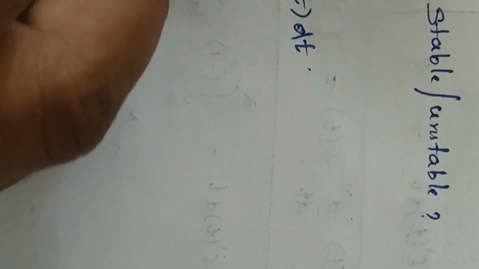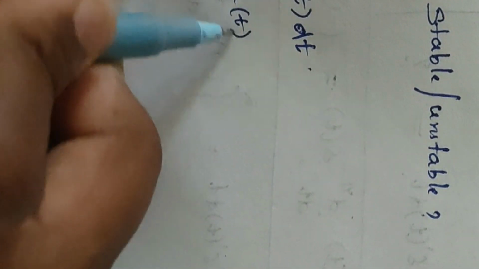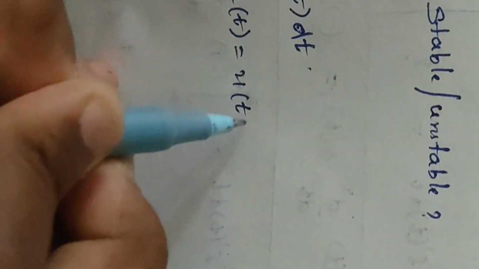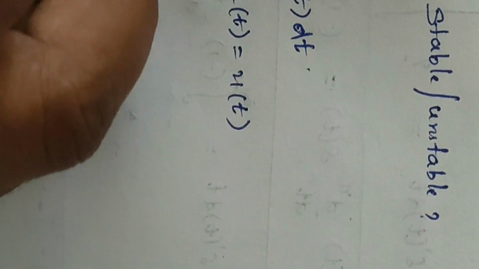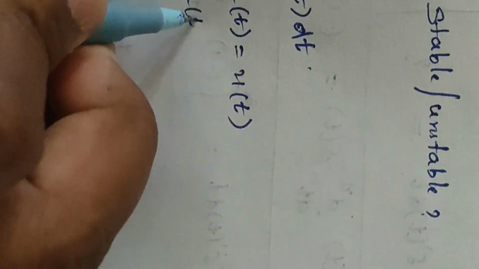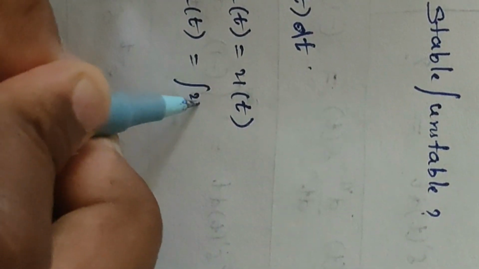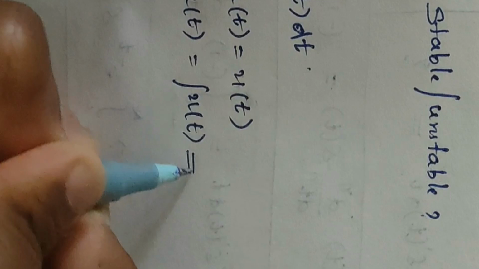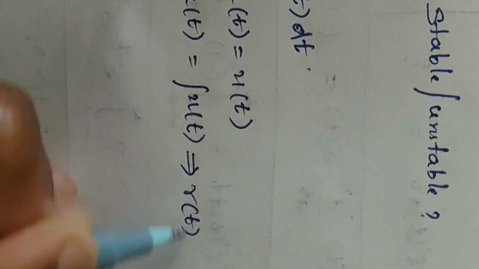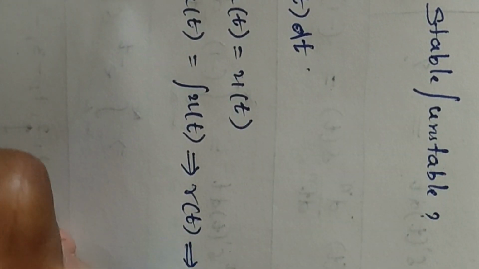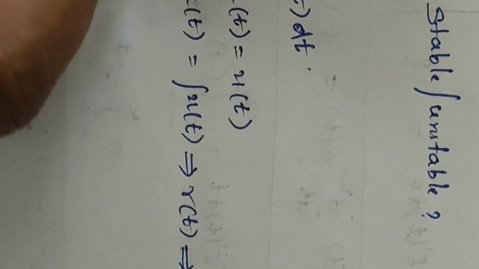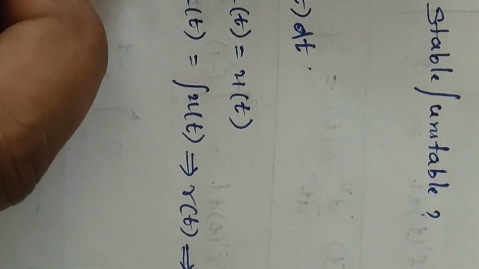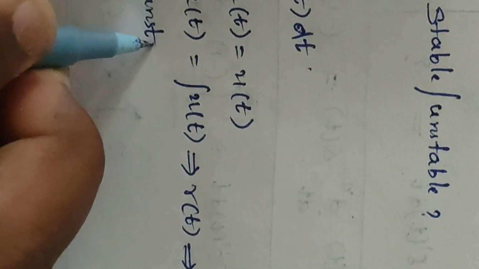Suppose x of t equals u of t, then the integration of x of t equals the integration of u of t, which will give the ramp function, which is unbounded. So it is unstable.